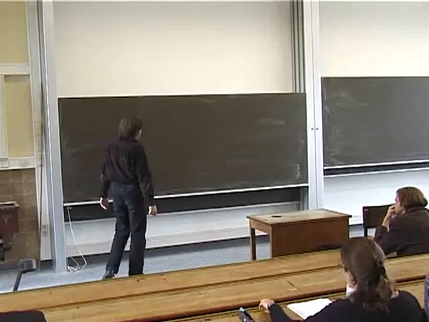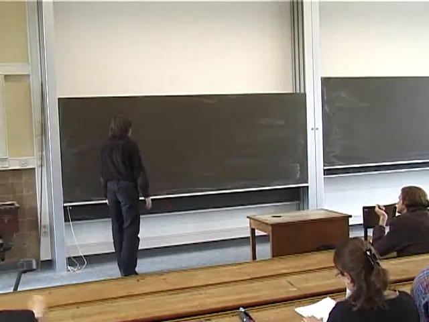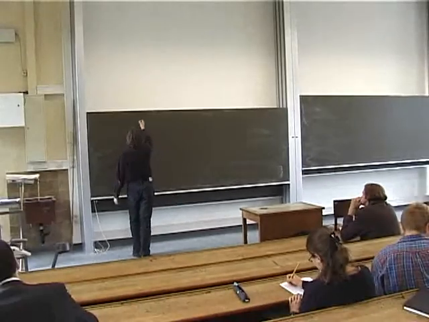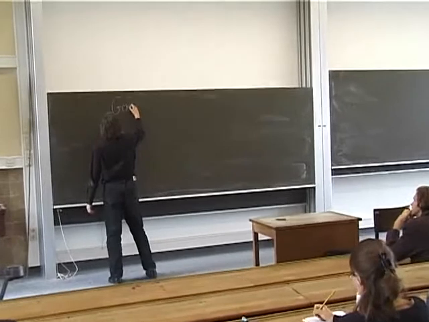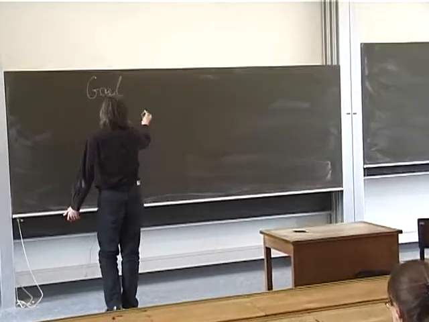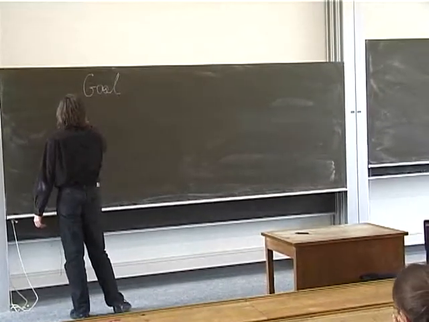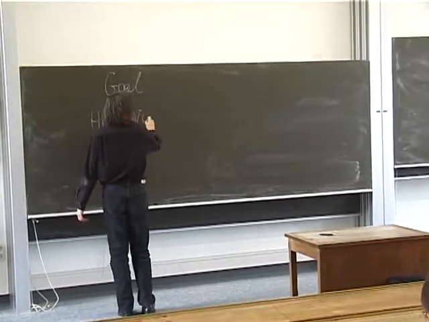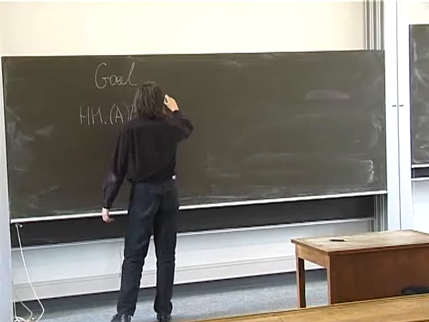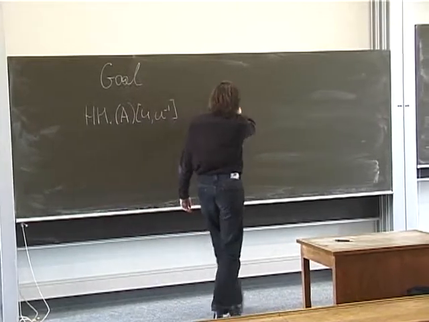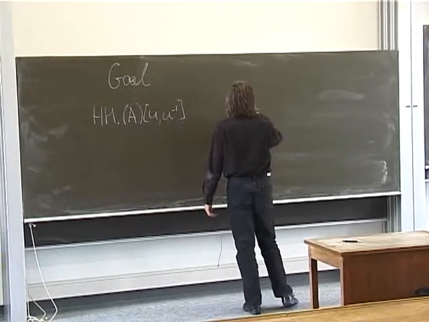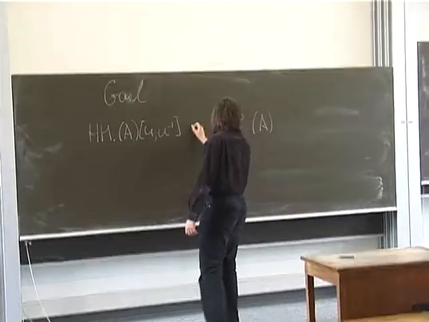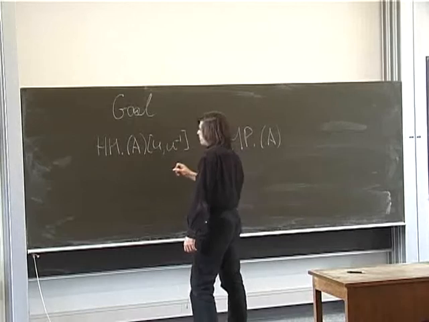Construct a thing which I kind of announced and used, namely the non-commutative version of the Cartier isomorphism. So to remind you, my goal is the following. I have some algebra A, I have Hochschild homology of A iterated many times, and I have the periodic cyclic homology of A. And what I want to do is construct a canonical functorial map.